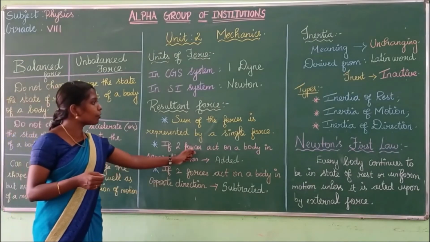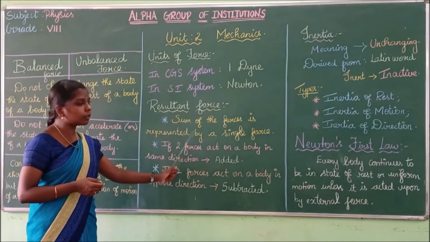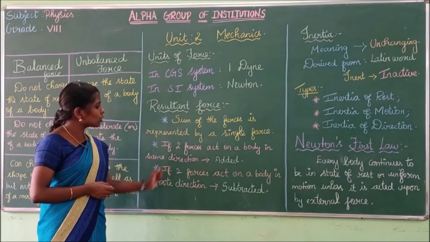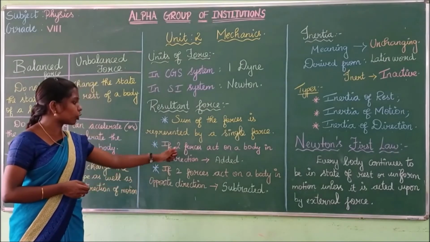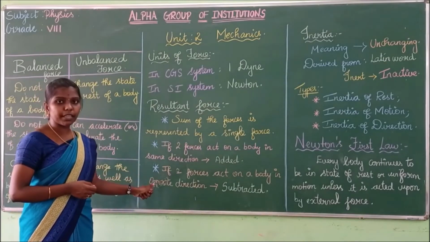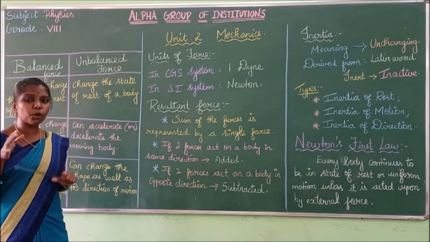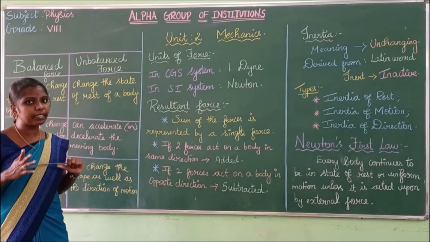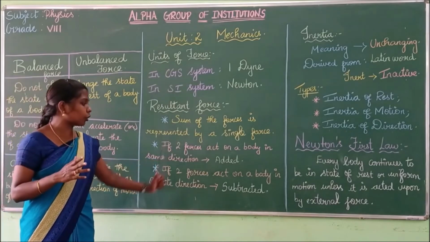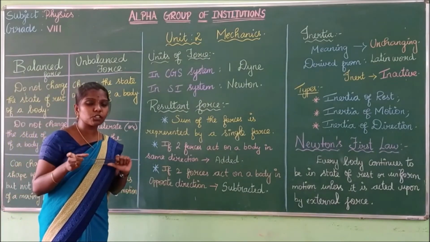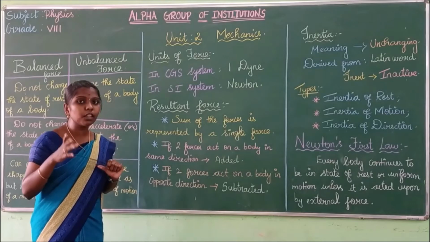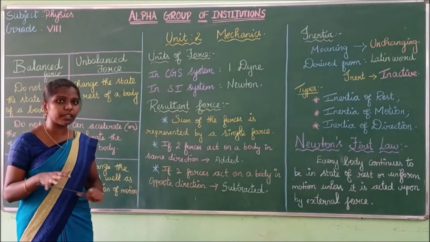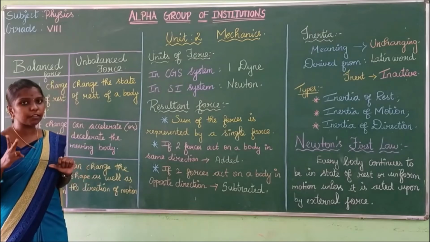See here, the sum of forces is represented by a single force called the resultant force. If two forces act on a body in the same direction, then the resultant force is added. If they act in the opposite direction, you have to subtract the forces.